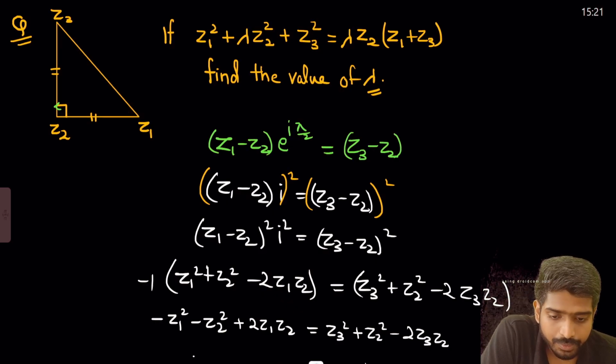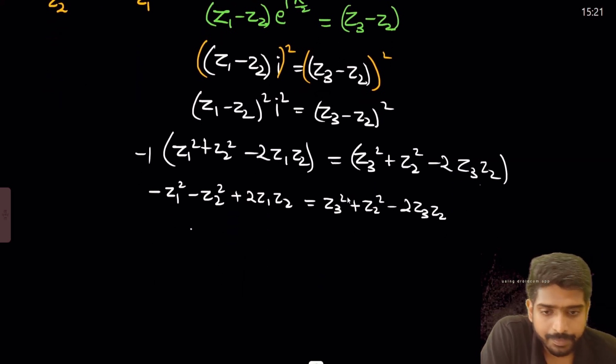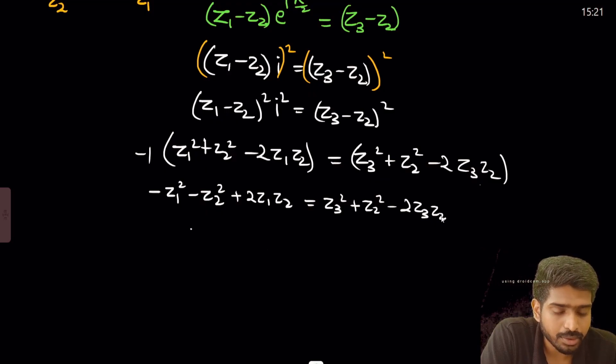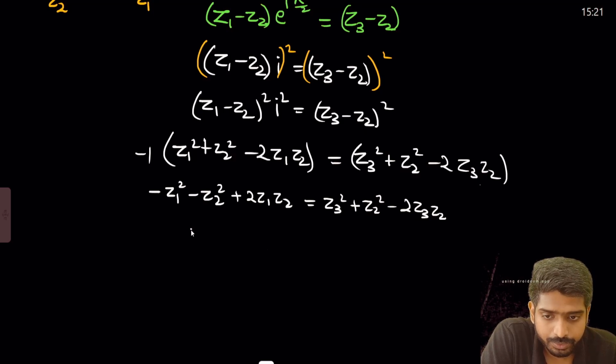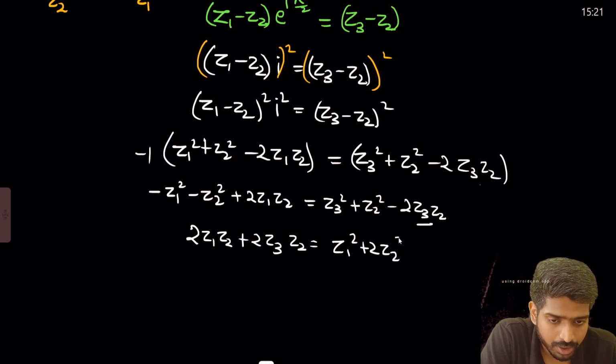Got it? Now all the things I'll bring to one side. So this z1 z2 term and the minus 2 z3 z2 I'll bring to this side. So here I'll get 2 z1 z2, and plus 2 z3 z2, and remaining everything I'll send to that side. I'll get here z1 square plus 2 z2 square, plus z3 square.